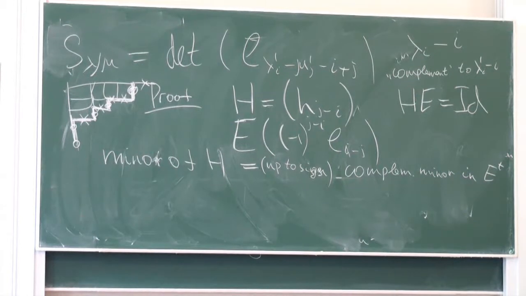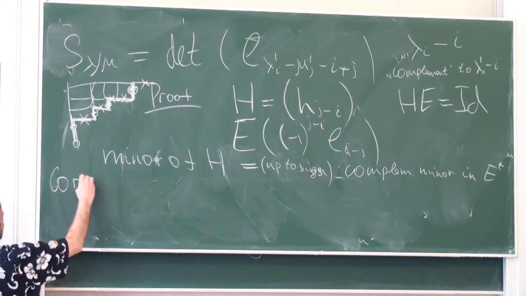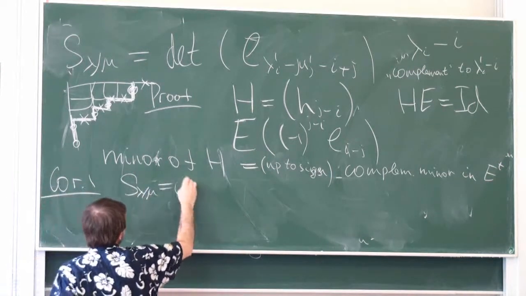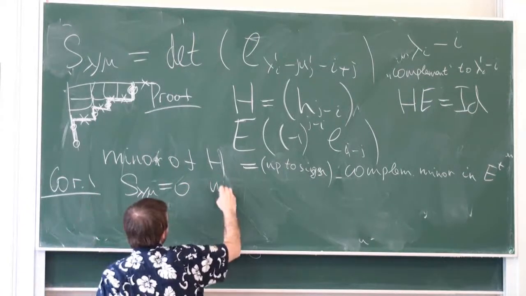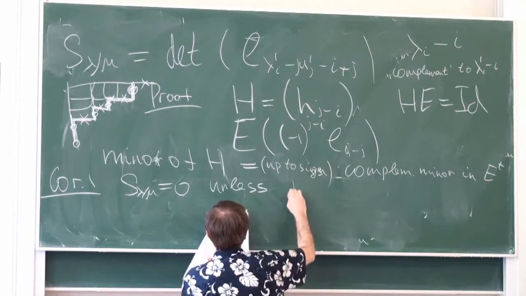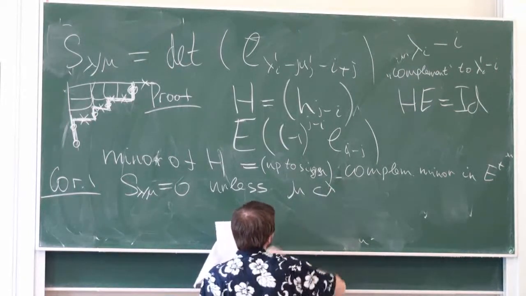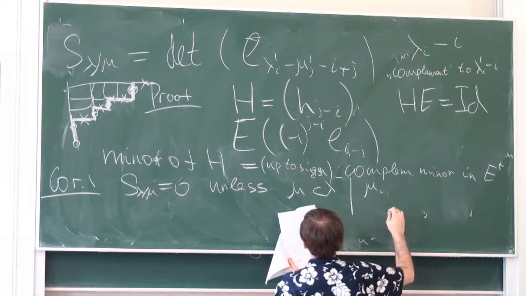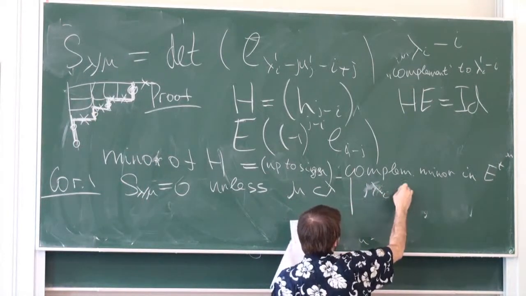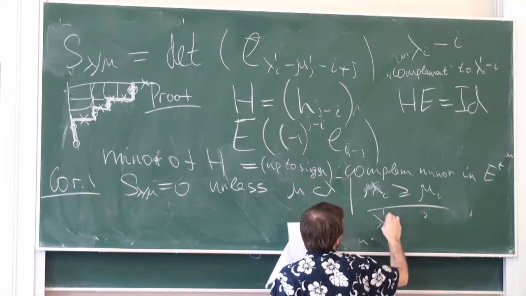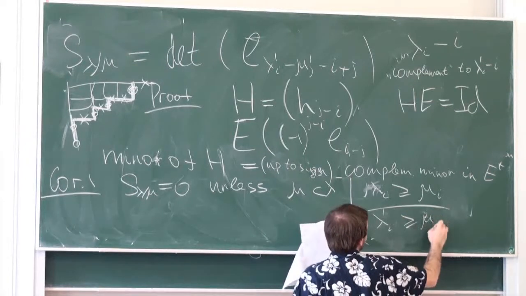Now there are two important corollaries. First, corollary 1 is that S lambda over mu is 0 unless mu is a subset of lambda, which means that each coordinate lambda I is greater than or equal to mu I, or equivalently that each coordinate lambda I prime is greater than or equal to mu I prime.